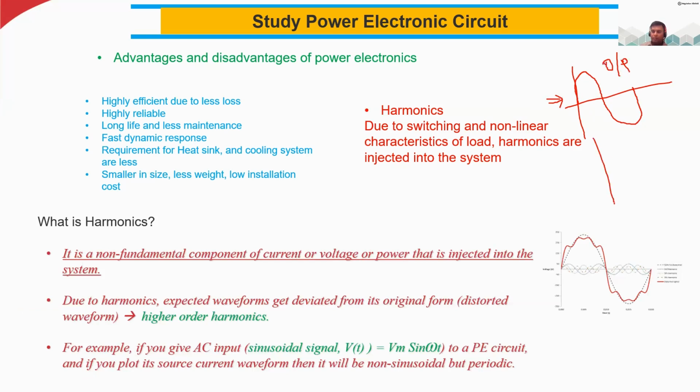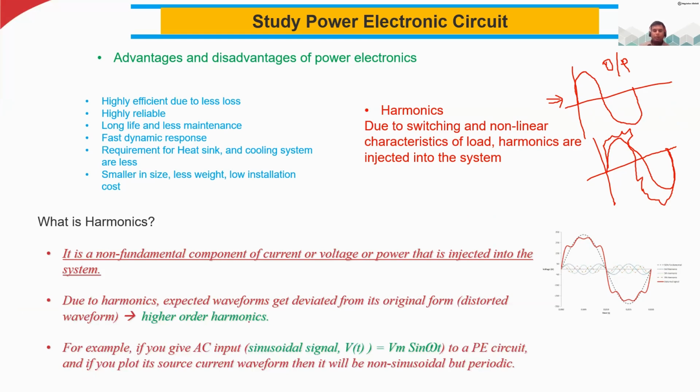Because of the harmonics, I am going to get this original waveform together with some harmonics. The harmonics can be non-sinusoidal in some cases, and they are periodical, so they will repeat periodically.